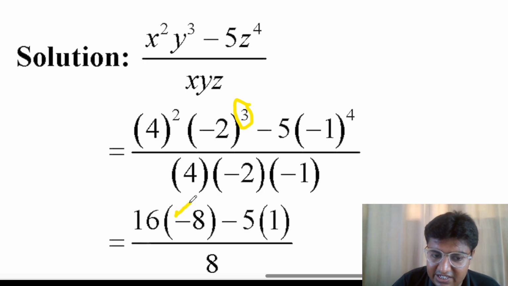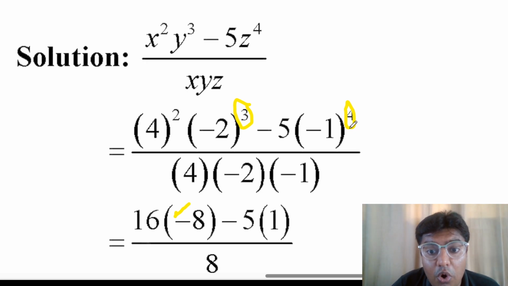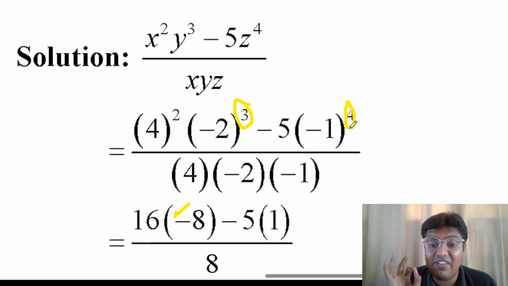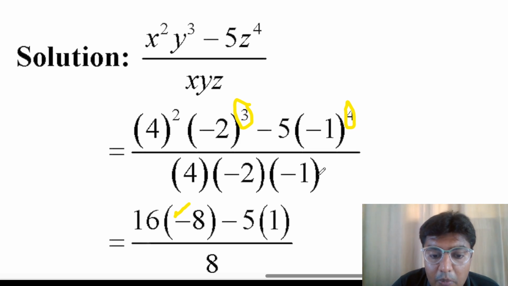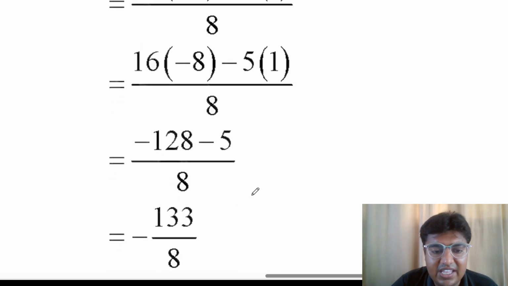You can see here, -2 multiplied by -2 multiplied by -2. But here -1 to the power 4, the number is negative but the power is even. Be careful about this. Power is even means -1 multiplied by -1 multiplied by -1 multiplied by -1 will give you +1. You will solve this.